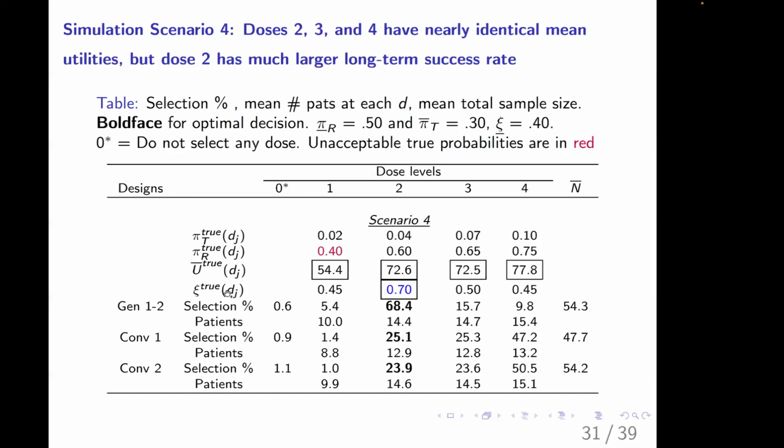But your long-term success rate is 70% for dose 2, which is much bigger than the other ones. Then the problem of picking an intermediate dose is always hard. And here it should be done in terms of long-term success. The Gen 1-2 design does it 68% of the time. And the conventional designs fall all the way down to 24, 25. So again, the long-term success criterion makes a huge difference.